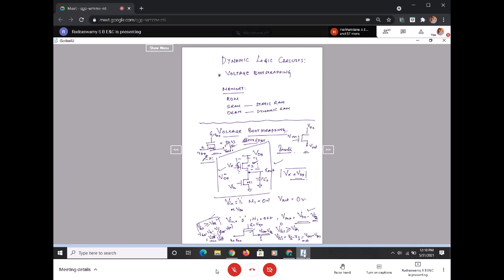In order to overcome this drop in the output threshold, we will come up with something called the voltage bootstrapping circuit. This is what our voltage bootstrapping is all about.